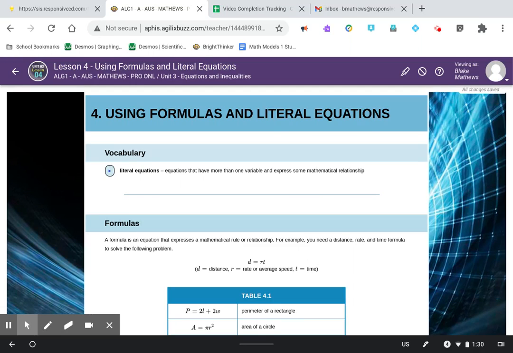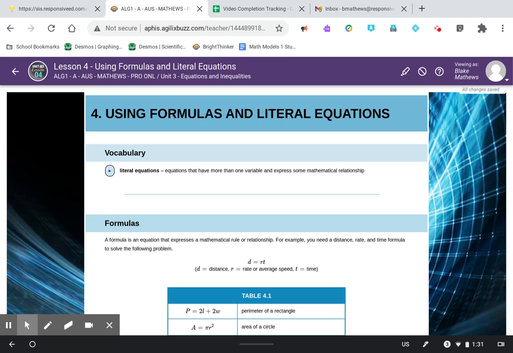All right, this is the Algebra 1 Unit 3 Lesson 4 video over literal equations and formulas. A literal equation is an equation that's mainly made up of unknown quantities or variables. These would be formulas we use to find area, volume, perimeter, and in chemistry and physics, other types of formulas we use in the sciences to calculate different things.